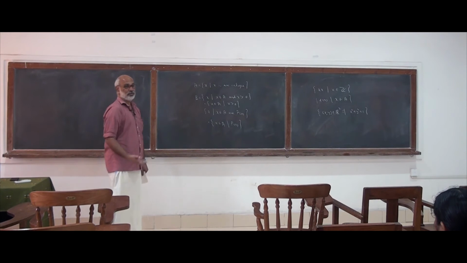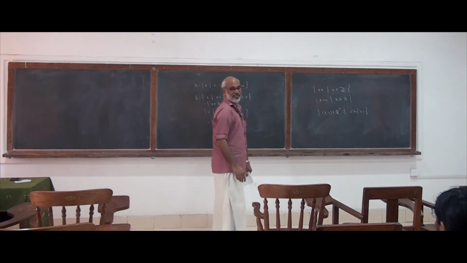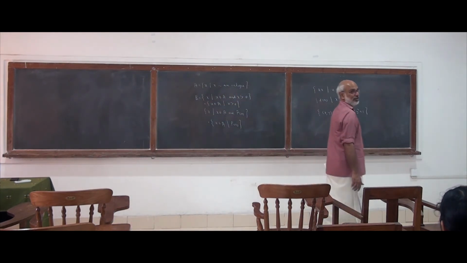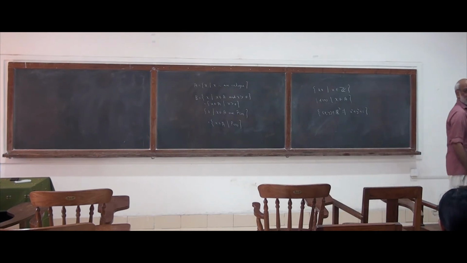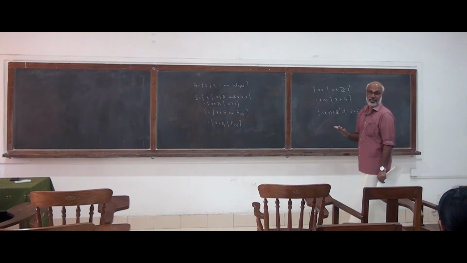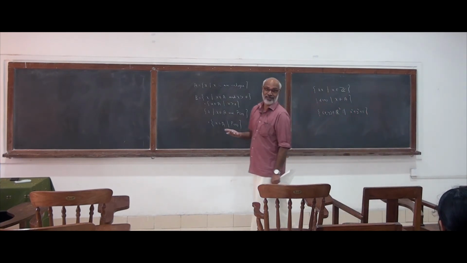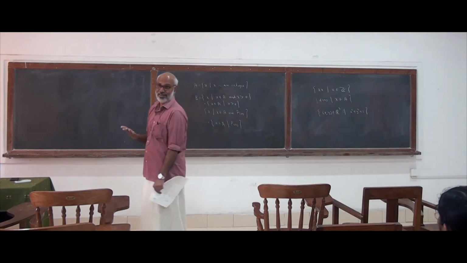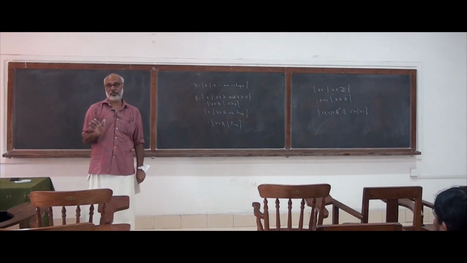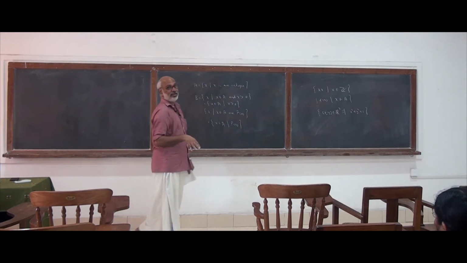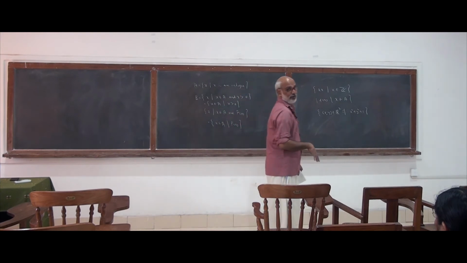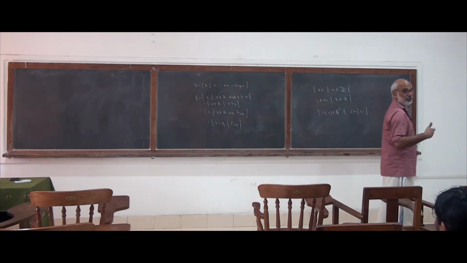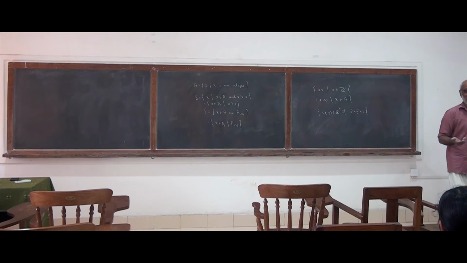And how to specify a language? In order to specify a language, we neither use the roster method, because the language may contain a very large number or even an infinite number of elements. So the roster method is not possible. Even the rule method may not be helpful in representing a language. What do we use?